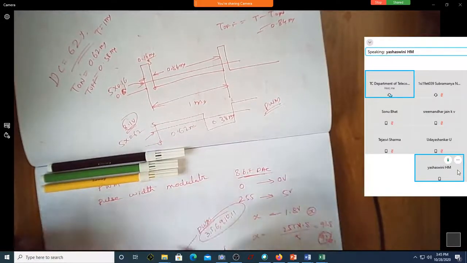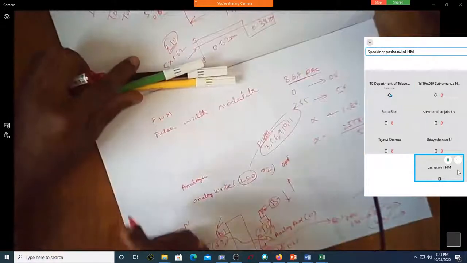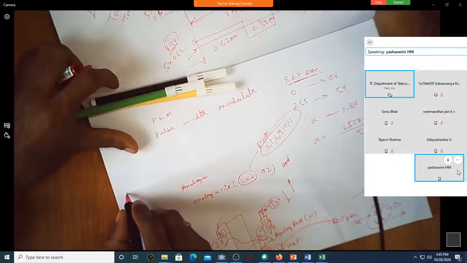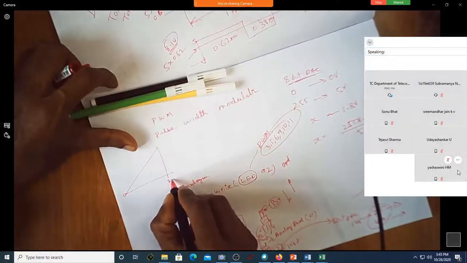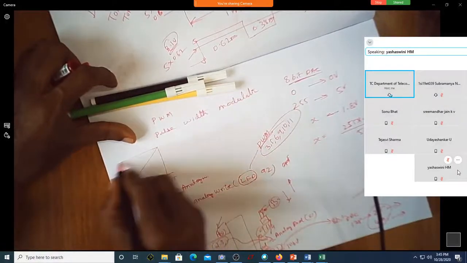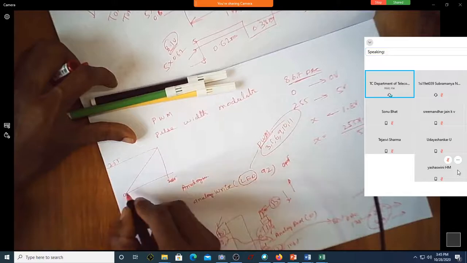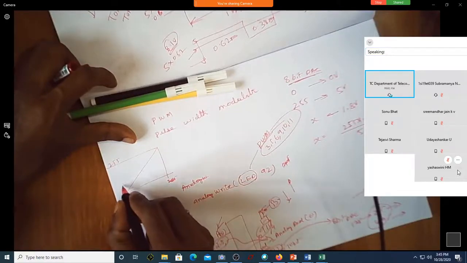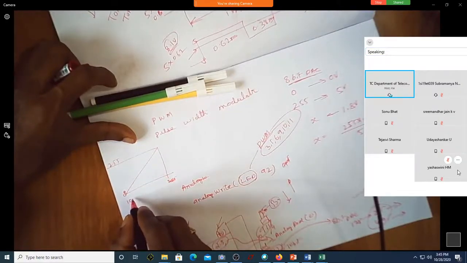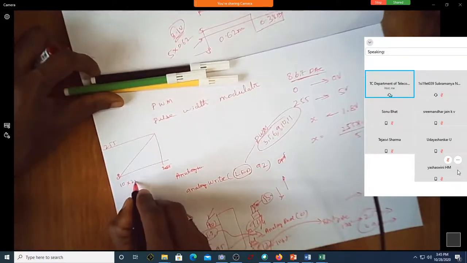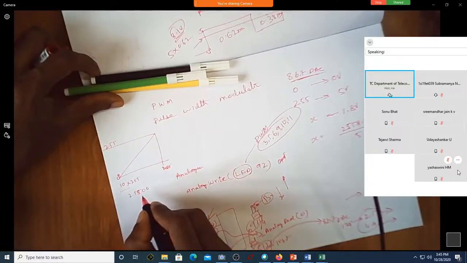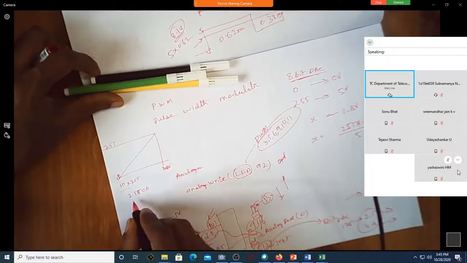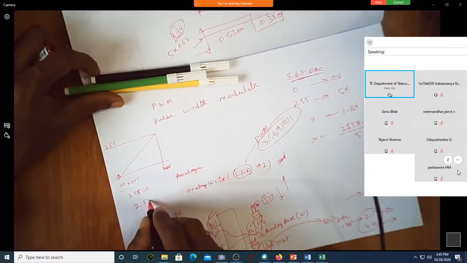So if this is 0 and this is 255, for every increment how much time is given? 10 milliseconds, correct? 10 into 255, how much is it? 2550 milliseconds. So for fade in it takes 2.55 seconds.